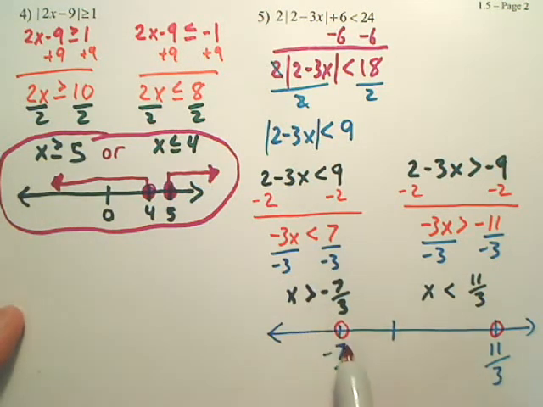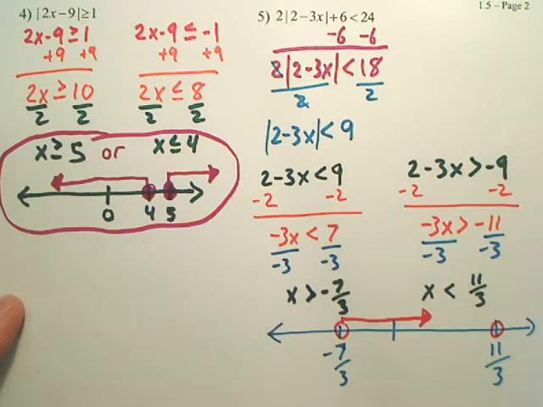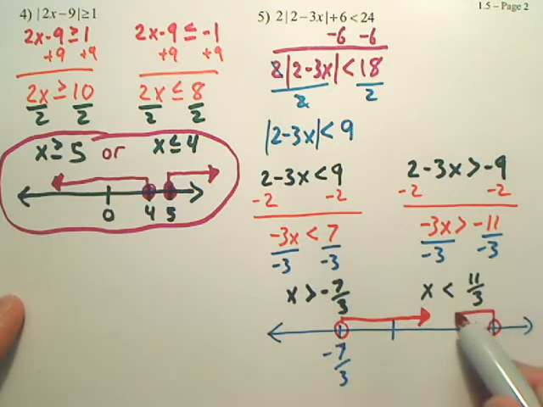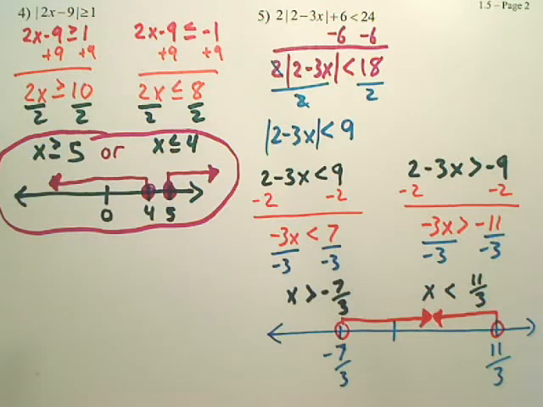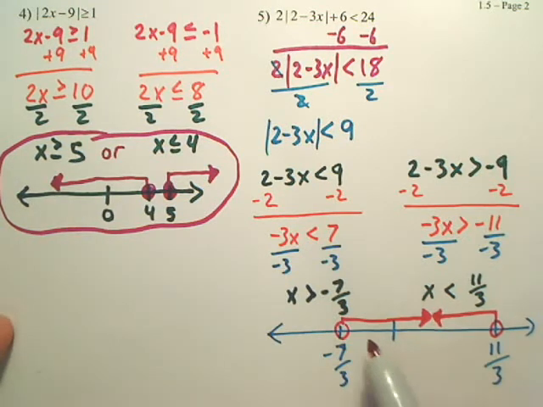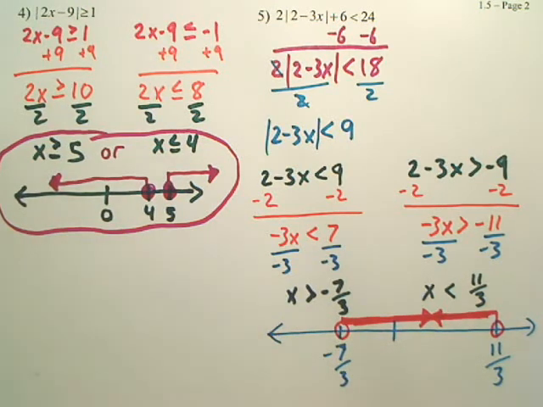Greater than, so if at negative 7/3, which direction will I shade? Greater than, follow the arrow. Does that mean I'm going to go this way? Mm-hmm. And for this one, which direction am I going for this one? Left. So your answer is in between. Everything between those two dots.